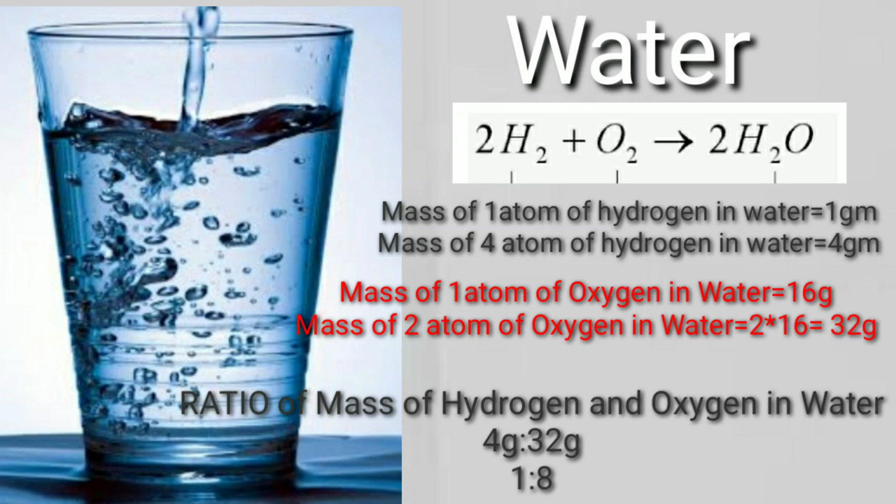As we have seen in water, it always consists of the same two elements, hydrogen and oxygen, combined together in the same constant proportion 1 is to 8 by mass: 1 part by mass of hydrogen and 8 parts by mass of oxygen.